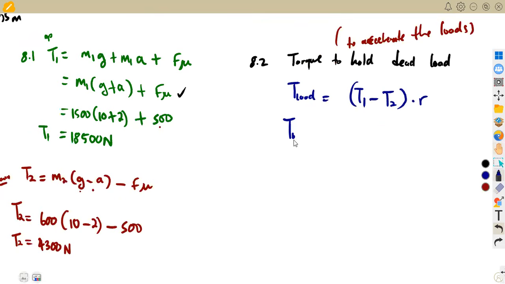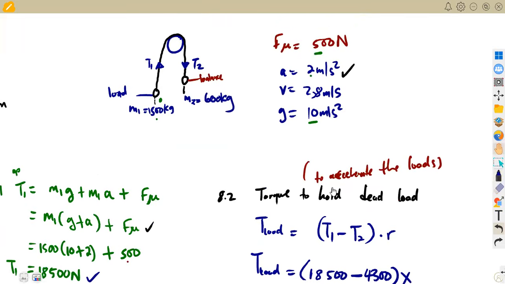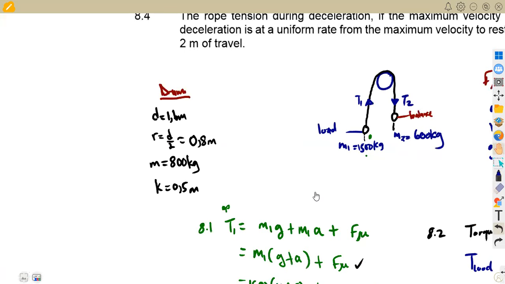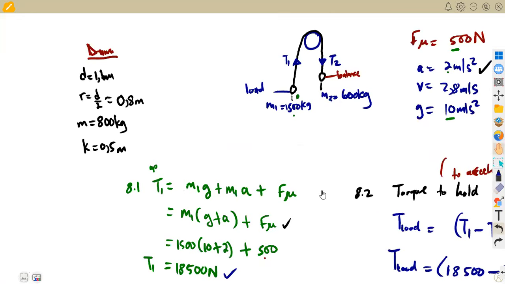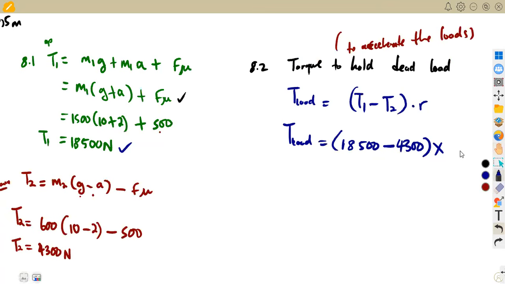So T load, that is T1 minus T2, T1 which is 18,500, minus T2 which is 4,300, times the radius of the drum in meters. We listed the radius as 0.8, from the diameter that we're given of 1.6 meters. So you're going to multiply by 0.8. So that is T load.